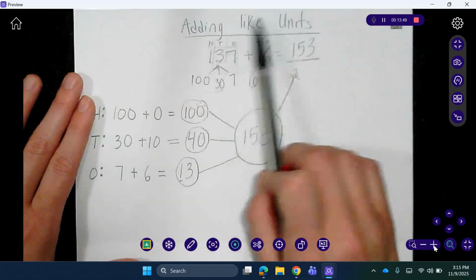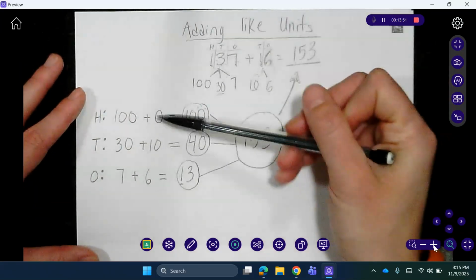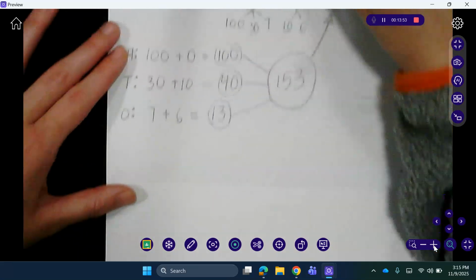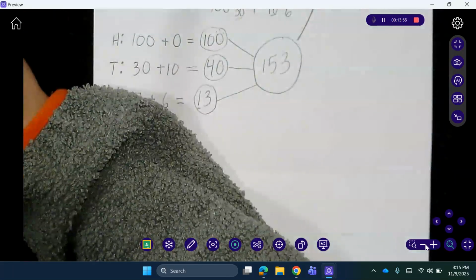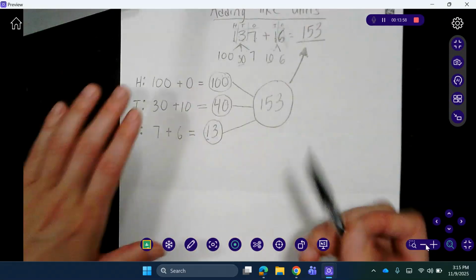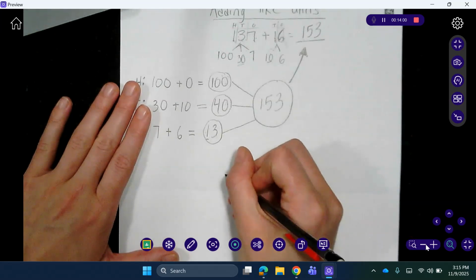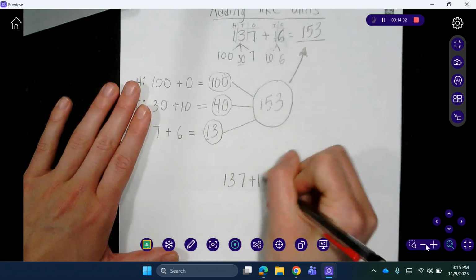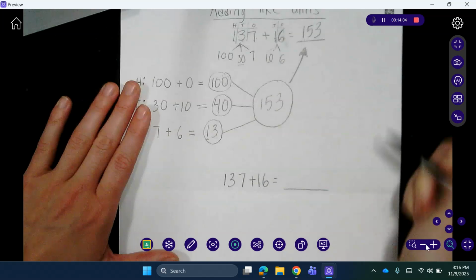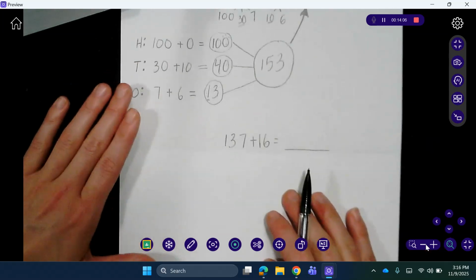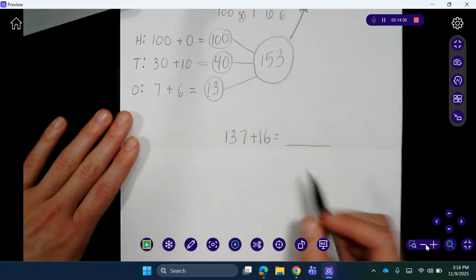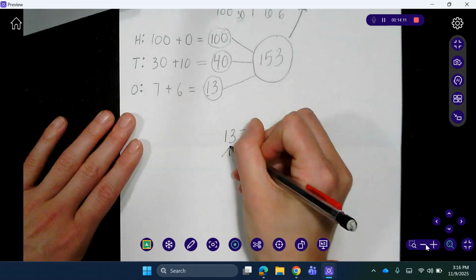We're still going to add like units, but we're going to do it differently. We're not going to write a number sentence, so let me show you. I'm going to zoom out. We're going to use the same equation, 137 plus 16, and we're going to see if we get the same answer, but we're going to use a little bit of a different method. We're still going to decompose our numbers. What are we going to do?